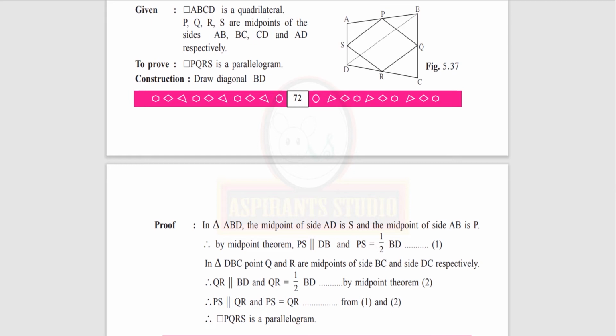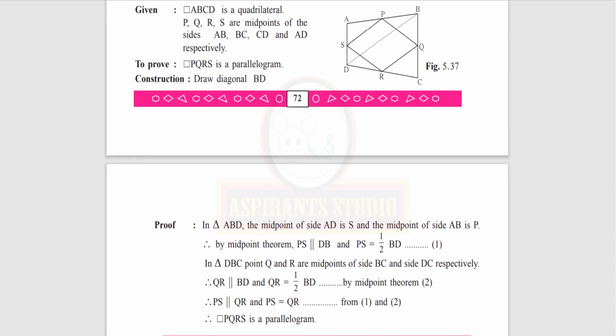QR is the line segment joining the midpoints of the sides BC and DC respectively, and the third side is BD. So QR is parallel to BD and QR is equal to half of BD by the midpoint theorem. Take this to be equation number 2.